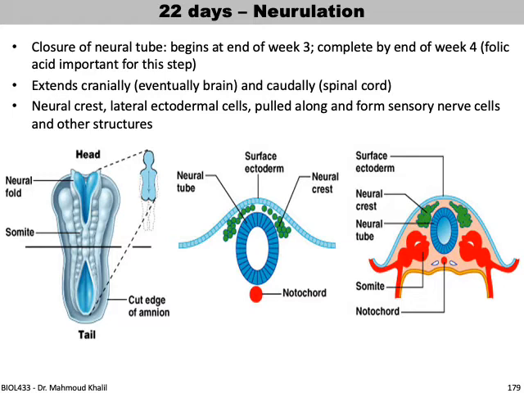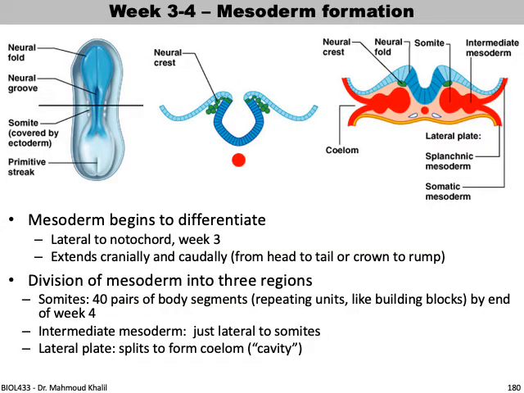and other structures. If we look again at the mesodermal formation by weeks 3 and 4, you'll find that the mesoderm begins to differentiate lateral to the notochord at week 3. They extend cranially and caudally, from head to tail or crown to rump.